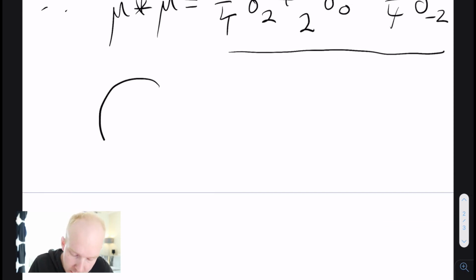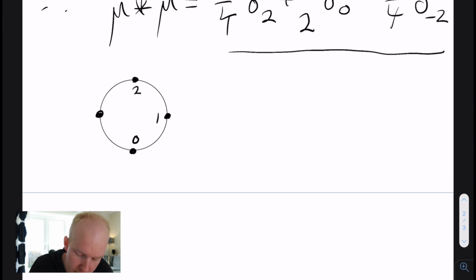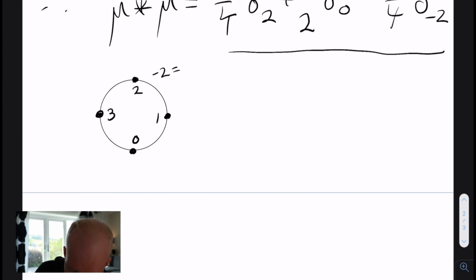So let's look at what it looked like in the group. For example here, this is 0, this is 1, this is 2, this is 3. So what is the inverse of 2? The one that adds into 2, so it's actually minus 2 is equal to 2. That's the inverse of 2.